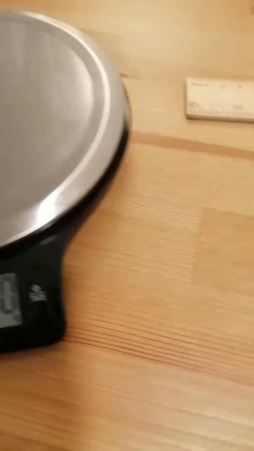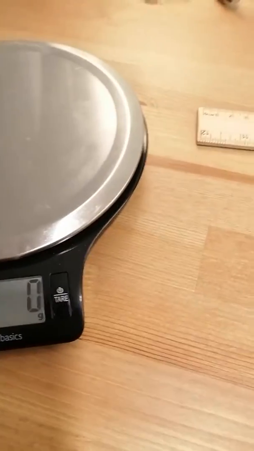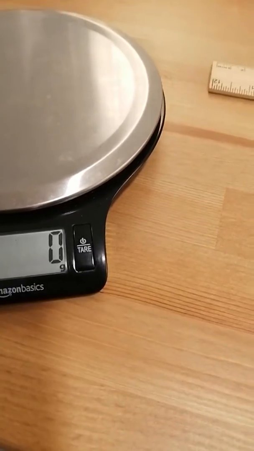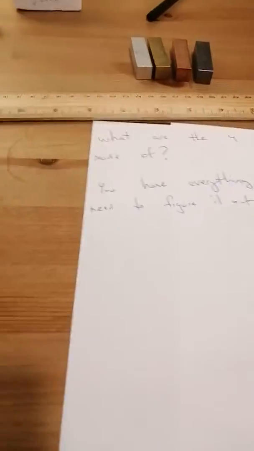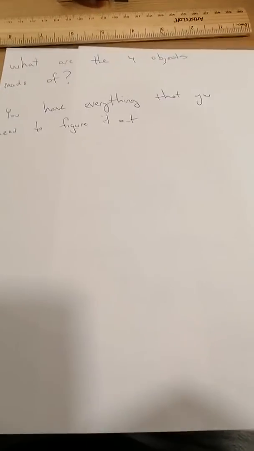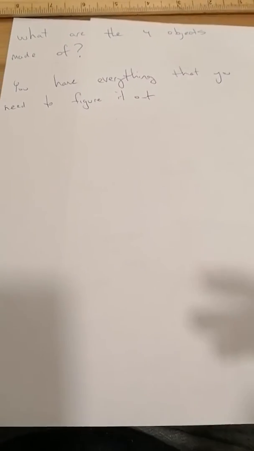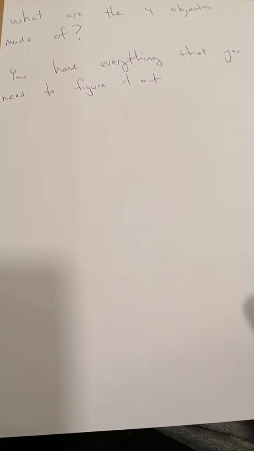So your task is to use all of the resources that I've just given you, and to use your notes, and to use research, and to do the math to figure out what each of these 4 objects is made of.